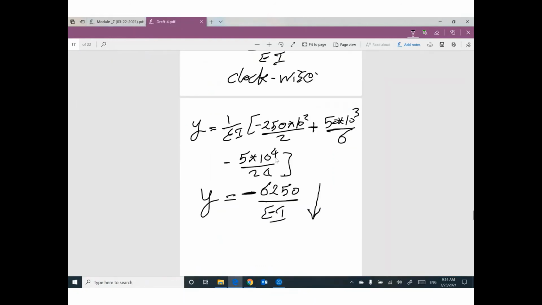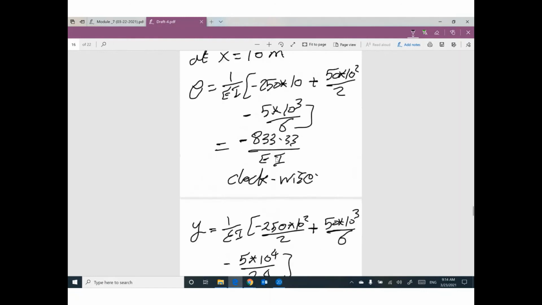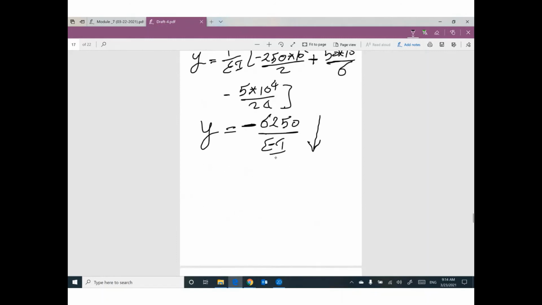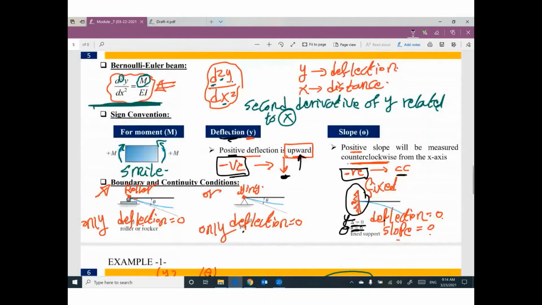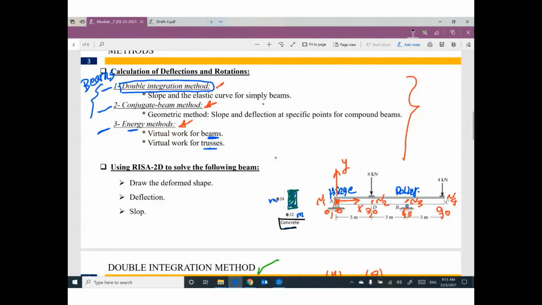So right now, I can tell you that the rotation or the slope at the tip point of the cantilever equals this value. And the deflection at this point equals this value, 6,250 divide EI. So if I give you the Young's modulus of the material and the inertia, I can tell you the final deflection. You remember? If the material is concrete, E of concrete, I think equals 30,000 PSI.